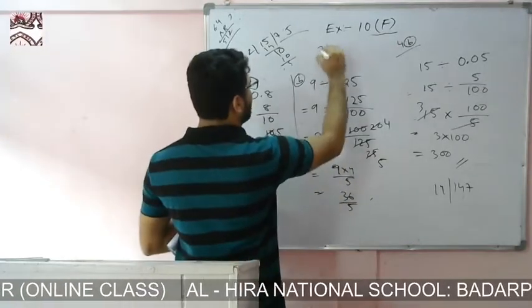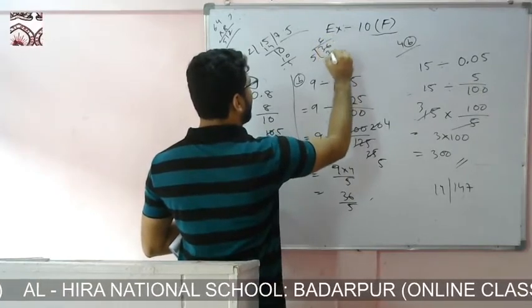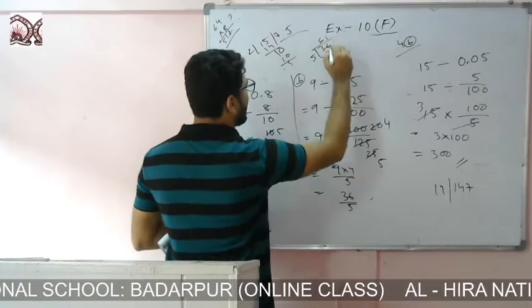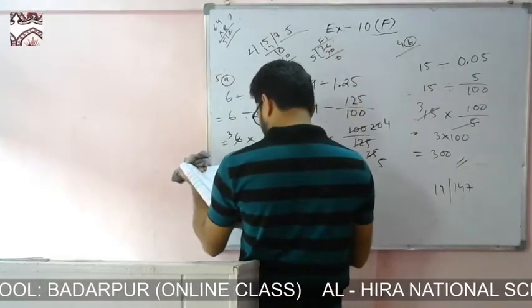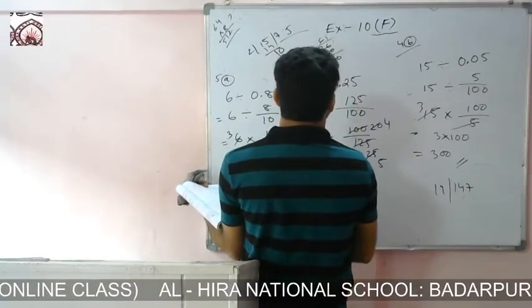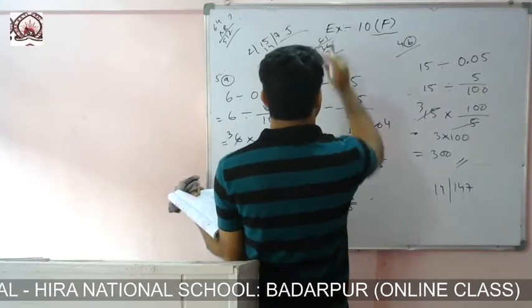So 36 divided by 5. That means 5 6s are 30. Here remain what? 6.